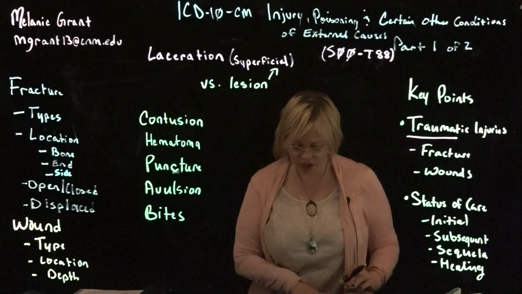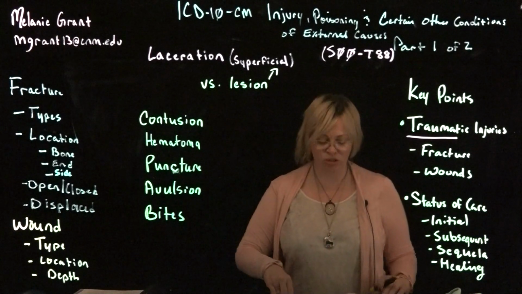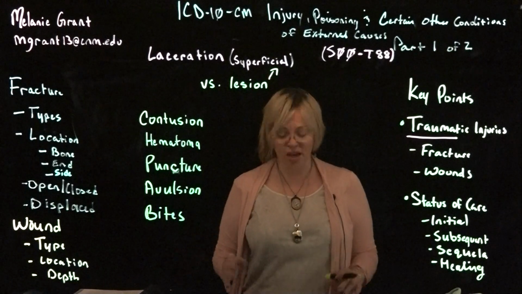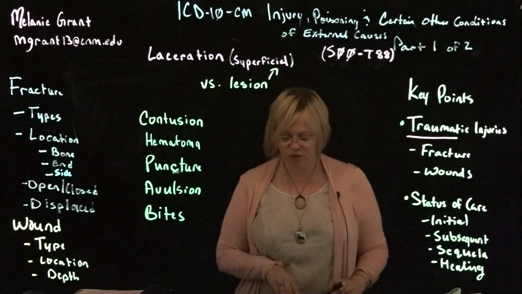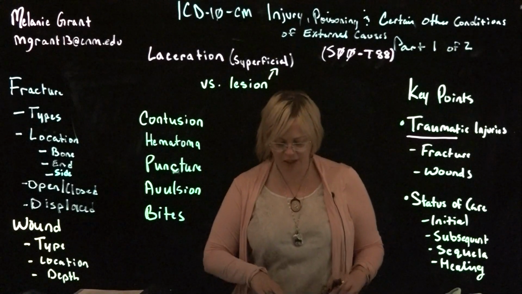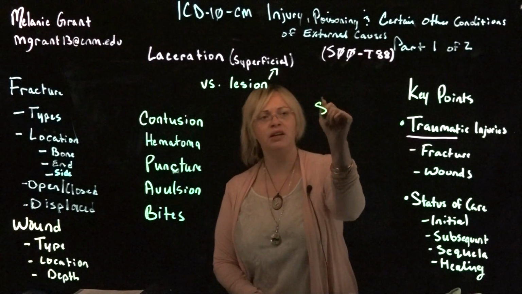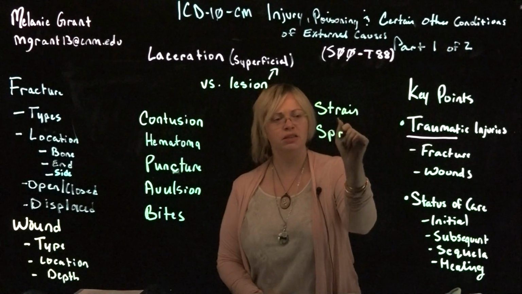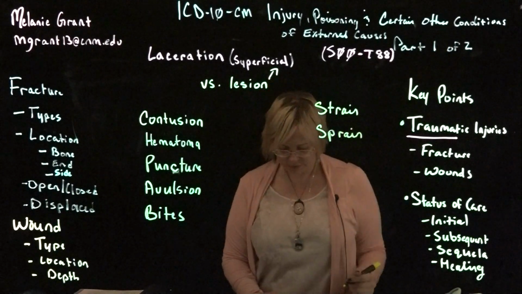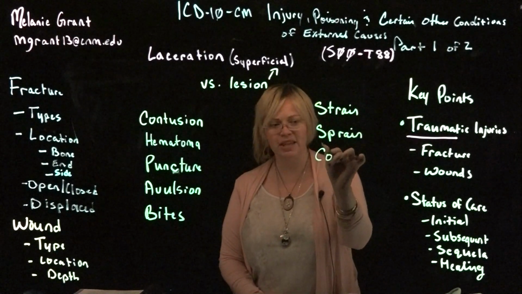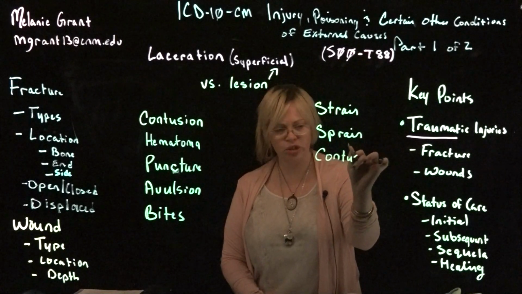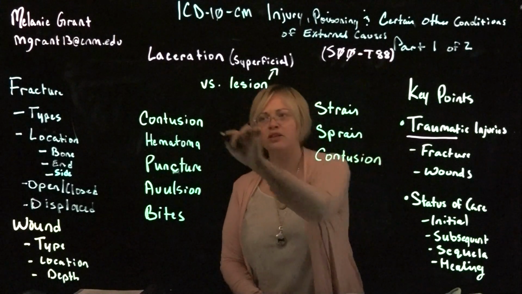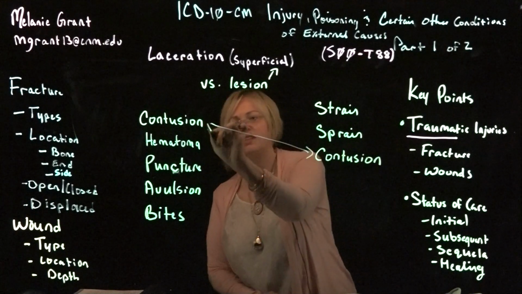Now, before we go much further, I also want to mention some of the injuries to the muscles themselves, because they fall similar with fractures, and we don't have them listed. You have the difference of strain versus sprain. Contusion is listed again because a contusion can be listed under muscle, and so I wanted to identify the difference here.